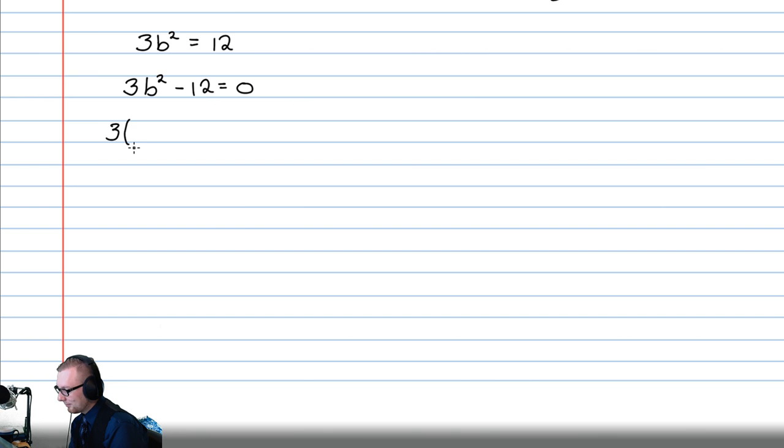So it will be b squared minus 4? And then the whole thing is still equal to 0. Yeah, of course. So then, can you factor what's inside the brackets? Give you a hint.